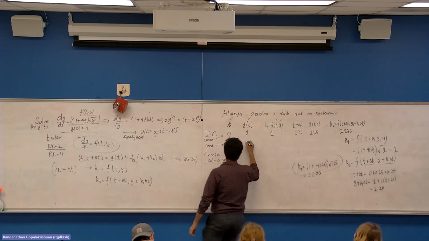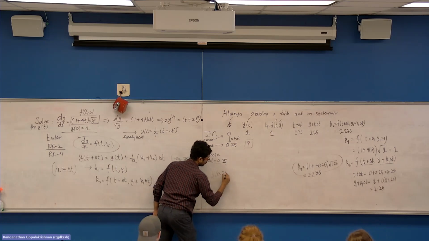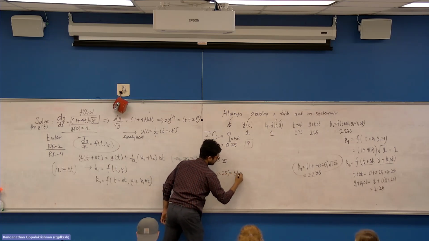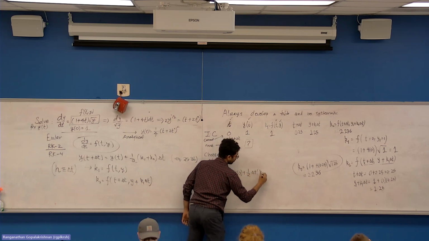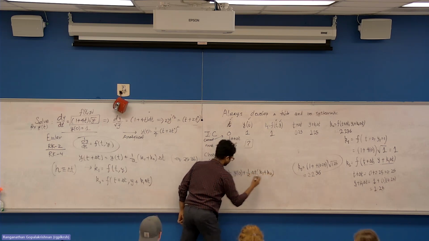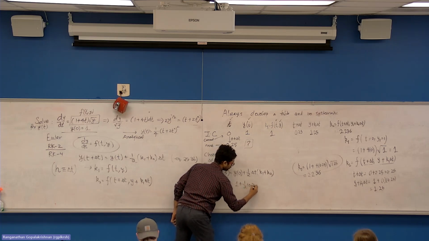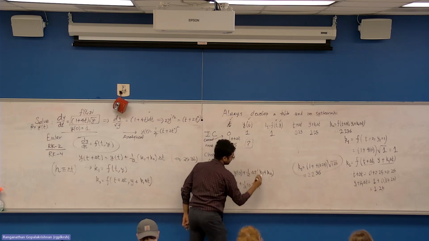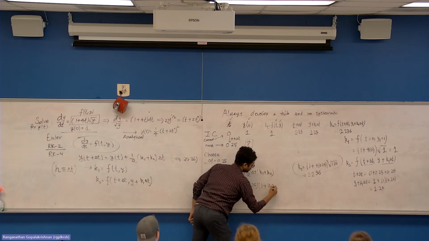So how will you update the value of y? Y at 0.25 is y at 0 plus half delta t times k1 plus k2. This is 1 plus half times 0.25 times k1 is 1 plus k2 is 2.236.